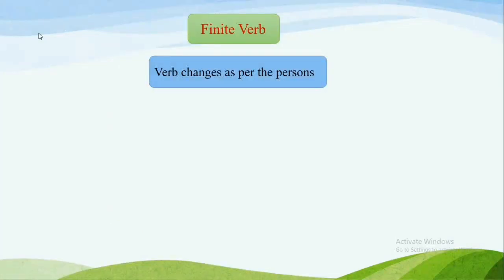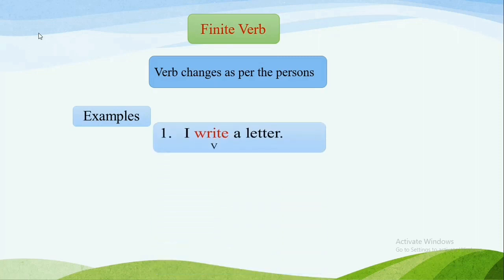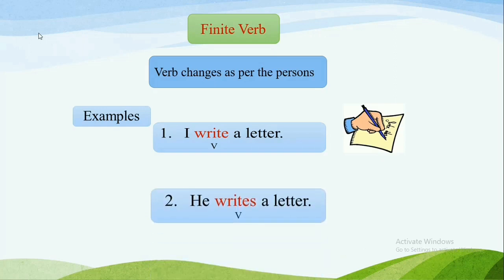Now let's look into an example of how the verb changes as per the person. That will change according to first person, second person or third person. I write a letter. The subject I is the first person. Here the verb is write. Now let's look into another sentence. He writes a letter.